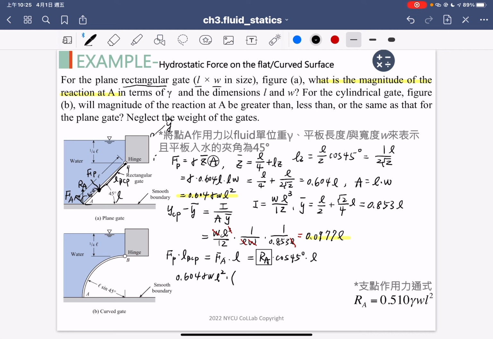LBCP is equal to 0.0977 L plus the length, which is a half, 0.5 L, will equal RA times the cosine 45 degree, which is root 2 over 1 L. So based on the moment balance, you can find the final answer for the RA value.